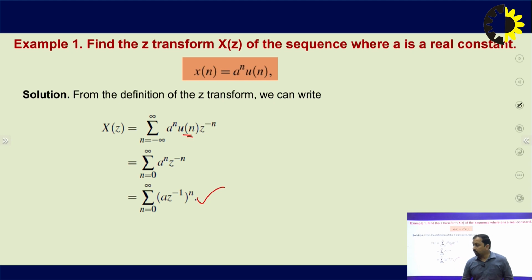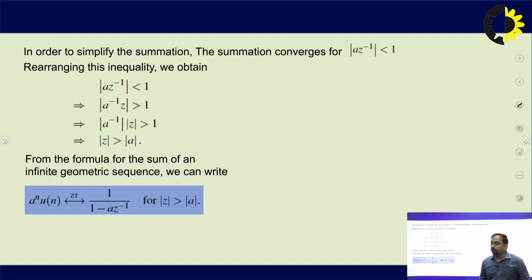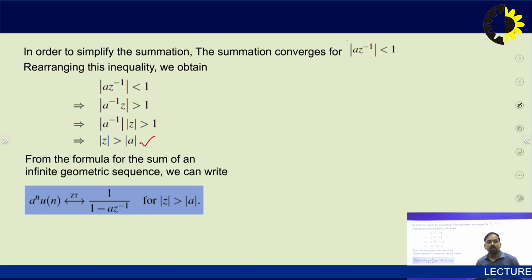Now, we have to basically check when this summation converges. In order to simplify, the summation converges for this particular quantity when its magnitude must be less than 1. So, rearranging the inequality, we observe that mod z is greater than mod of a.